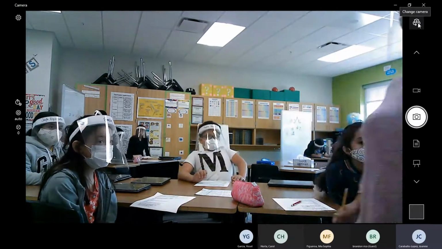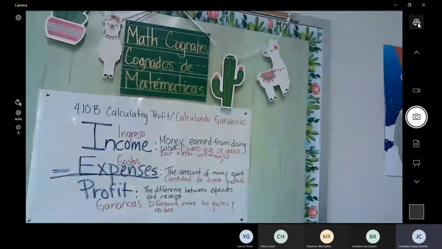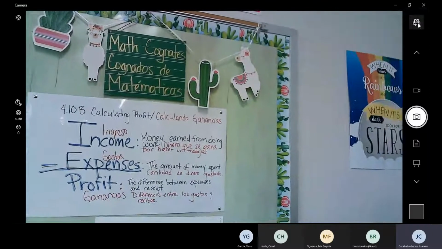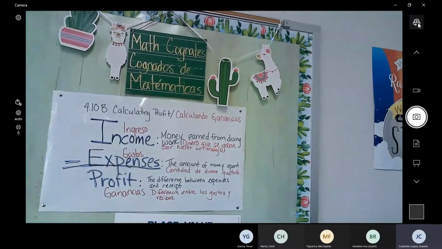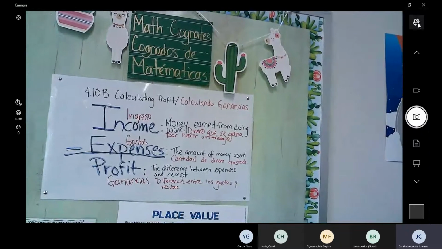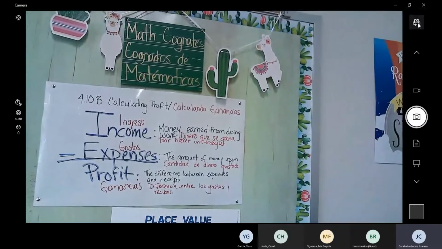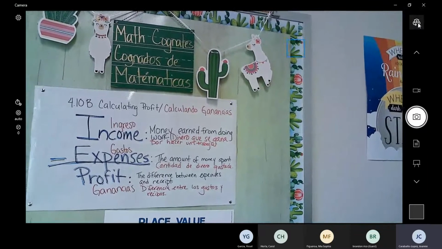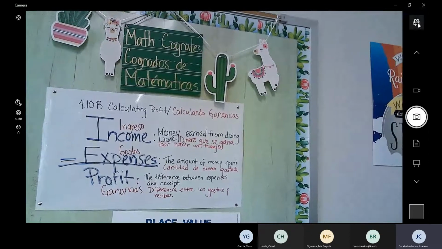So I want my people who are sitting in this group to look over here. Now, do you see this? What does it say? In order for me to calculate my profit, what do I do? I take the income, look at the board, I take the income and I subtract the expenses and I get my profit, okay? My income is the money that I earned from doing work.